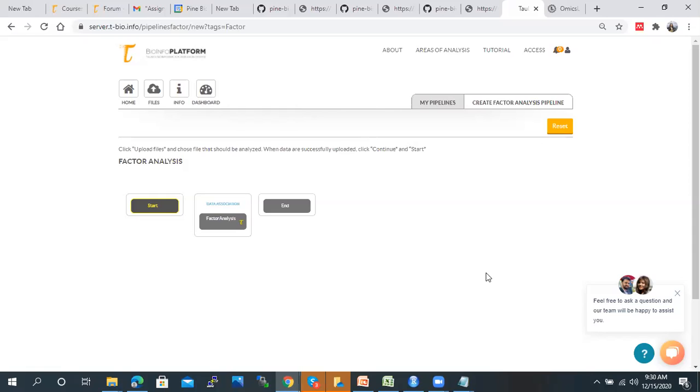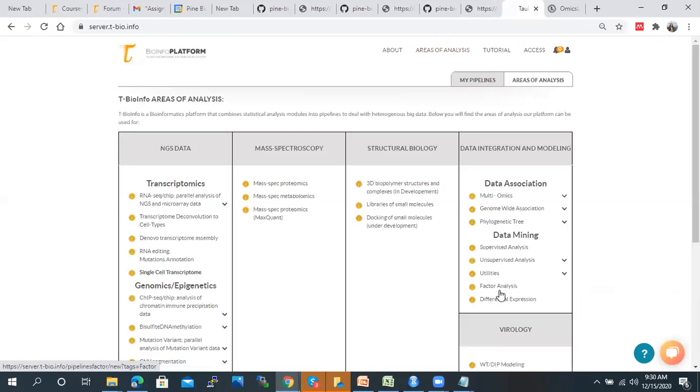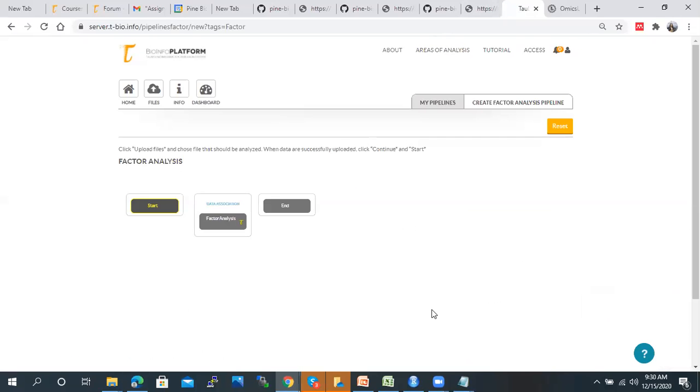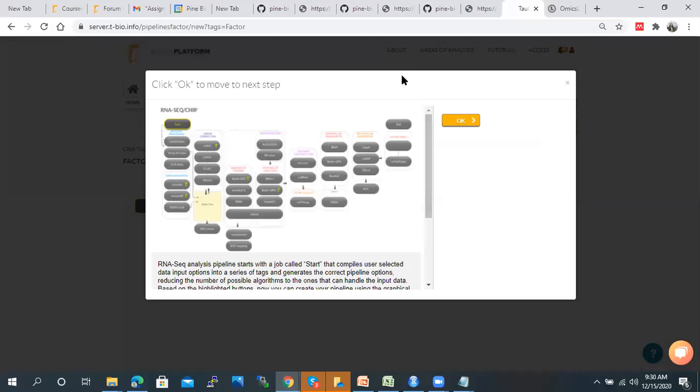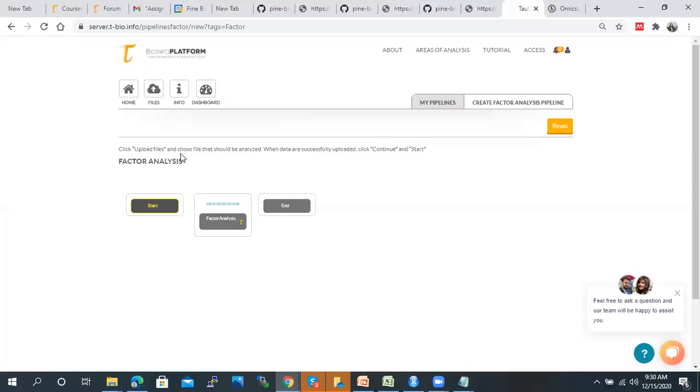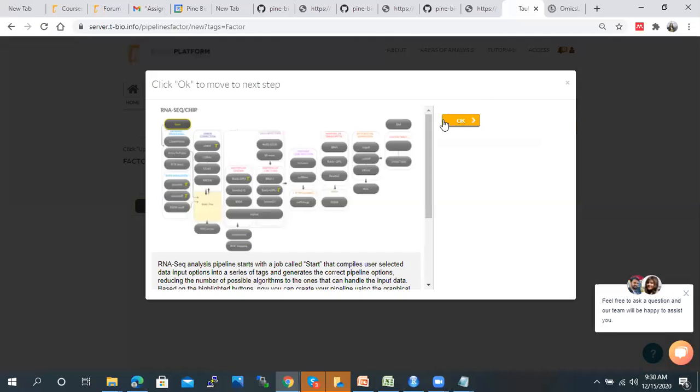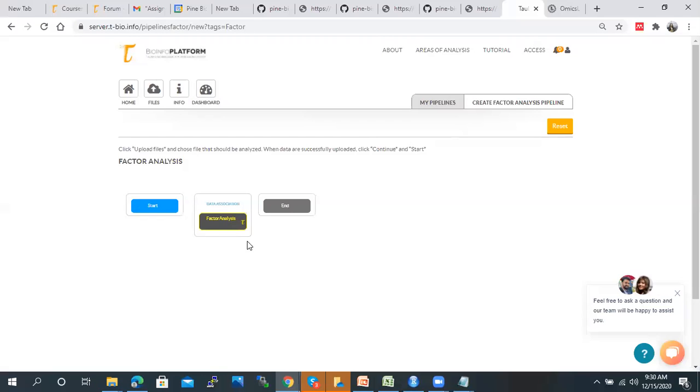From the data mining section, just click on factor analysis. Let me just take you again here. Under the data mining, click on factor analysis. The only difference in comparison to the other pipelines is that here you first need to select all the filters before uploading a file. By clicking on OK, we are going to start it.